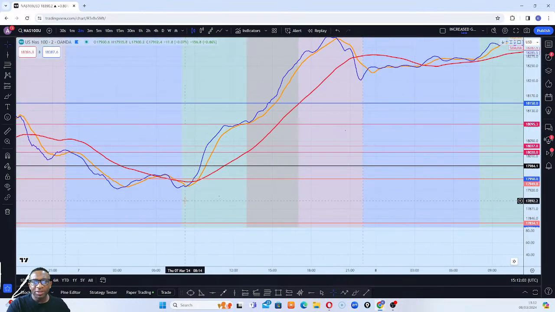Before we get started trading, we have to identify which direction we ought to trade, which direction we want to be heading towards. With that said, all you have to do to identify that is look out for this blue line.